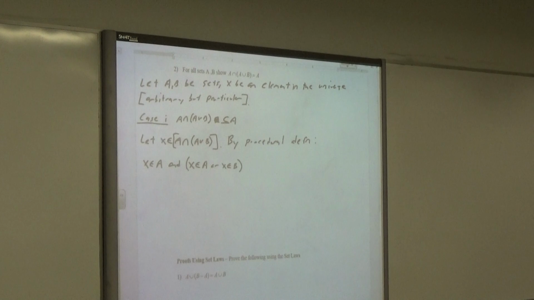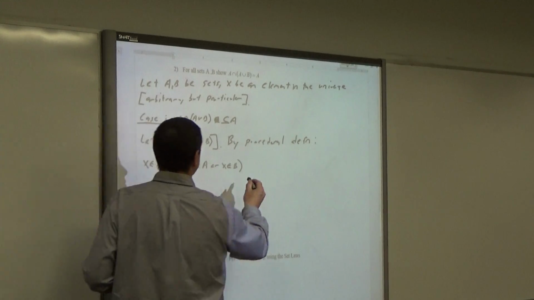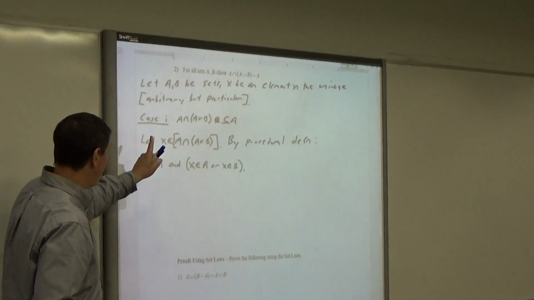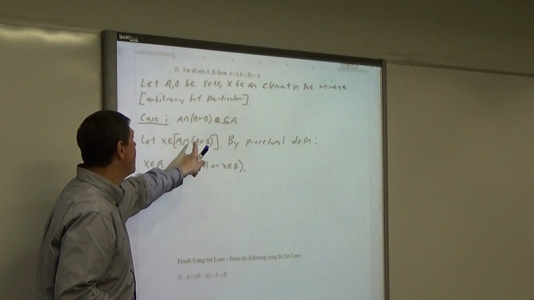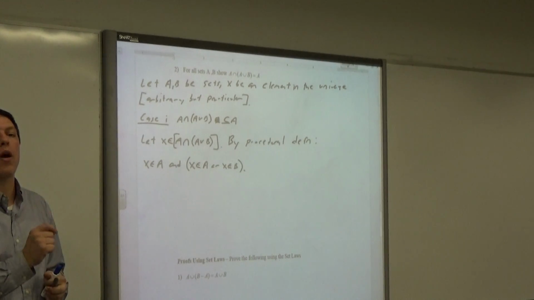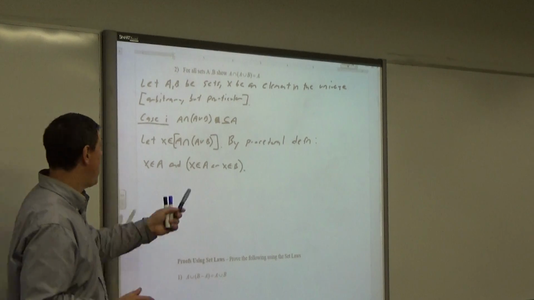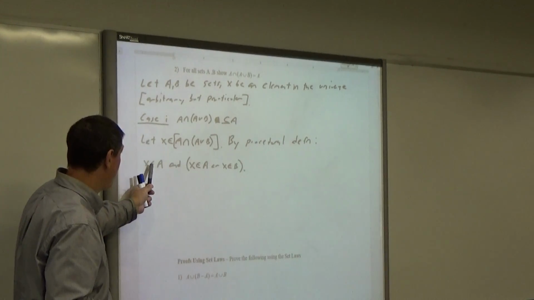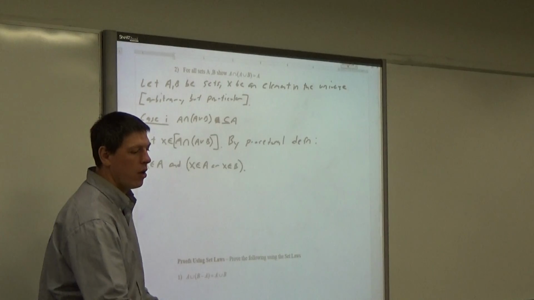Now let's think about this. I think we're done, because I've told you that X is an element of A, and X is an element of A or B. What do we want, guys? What are we ultimately trying to show? X is an element of A.